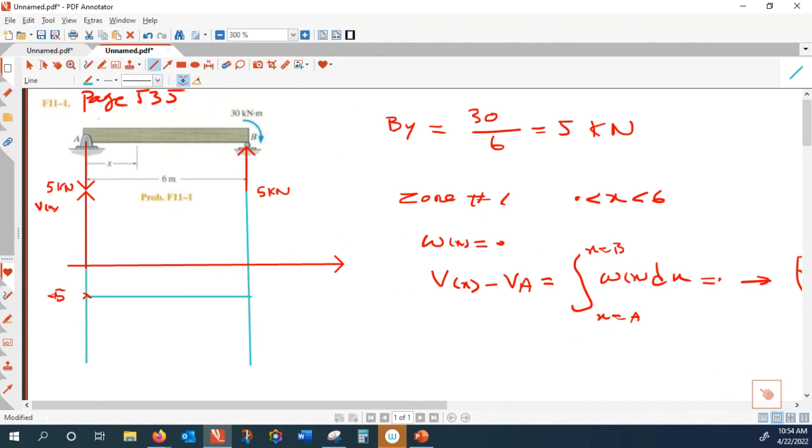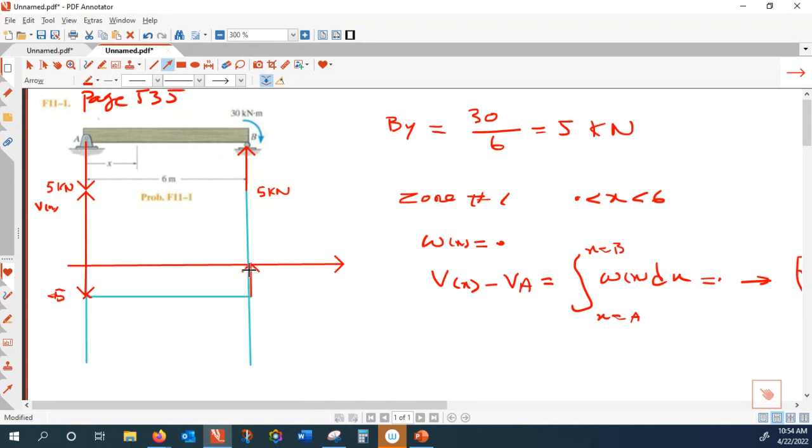So here, I'm starting at A. Suddenly, the reaction is pushing that down. So that is what I do. I'm pushing this down. How much? By the reaction, -5. And then this is constant between here and there, and suddenly here I have a reaction which is pushing this up. So pushing up means that brings my shear force to 0.